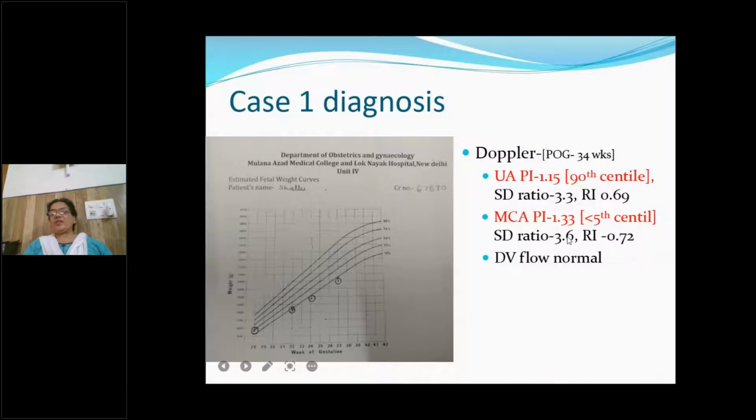The ductus venosus flow is normally not done when the MCA PI is slightly in the normal range. So there are Doppler changes and growth faltering, so we make the diagnosis of fetal growth restriction. Now, why is this late onset? Because this fetal growth restriction, if you look at the chart, started after 32 weeks. So this is late onset fetal growth restriction.